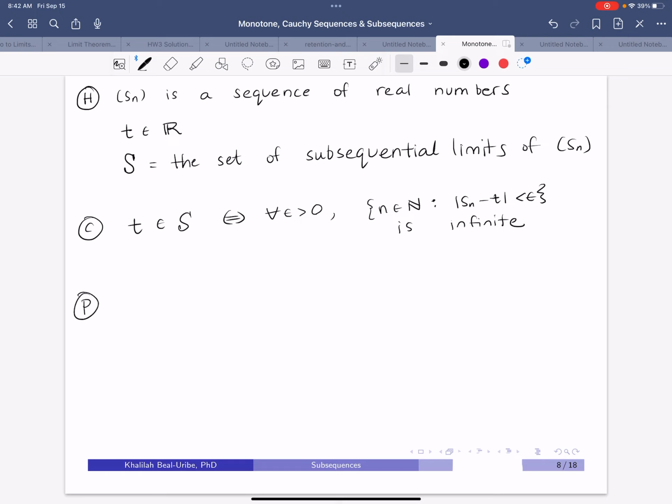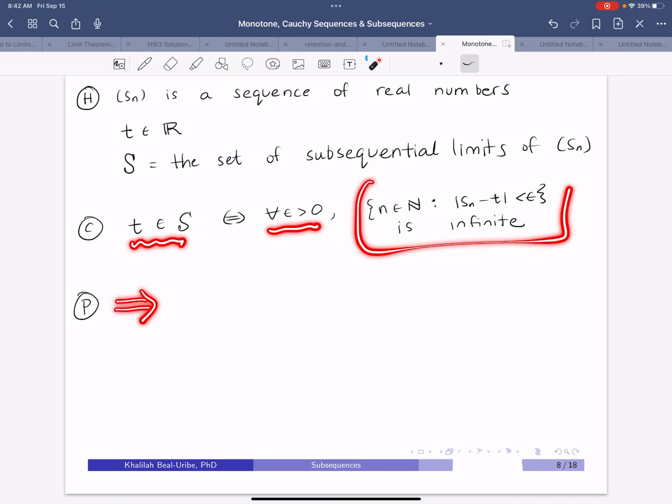Okay, so for the proof, we have two directions that we need to show. So let's do, suppose T is in S and fix epsilon; we will show that this set is infinite.